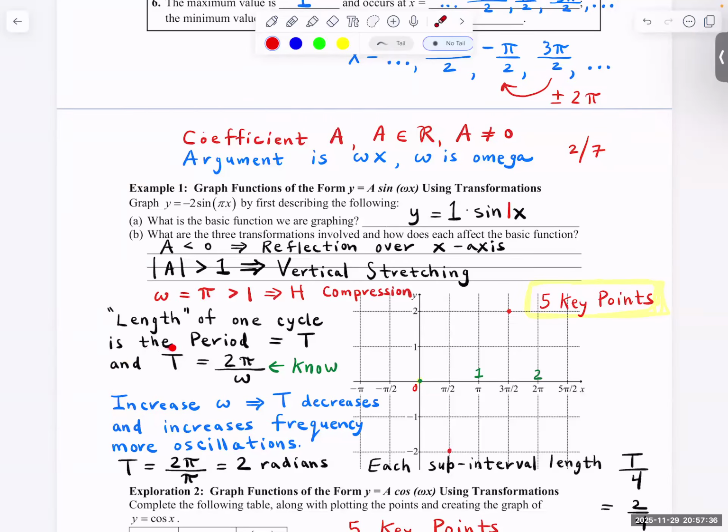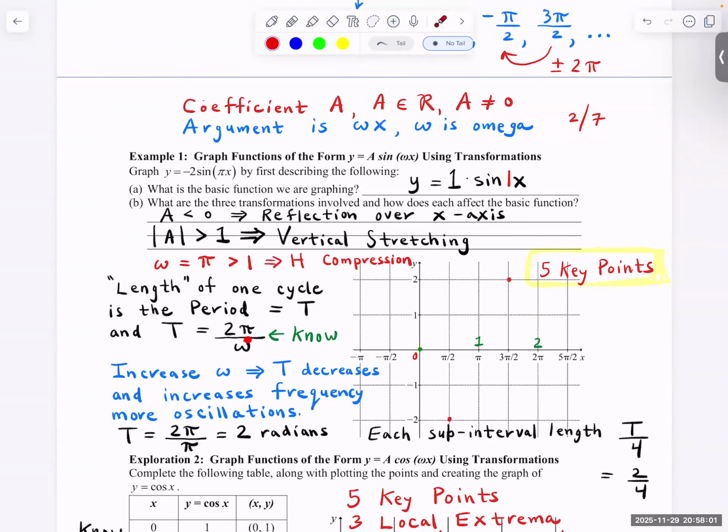The period is the fundamental period of 2 pi radians divided by omega. Now in the basic function, omega is positive 1. So if you were to divide 2 pi by 1 from the basic function, then the period would be 2 pi.